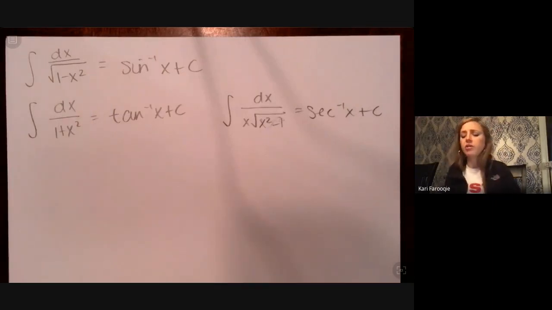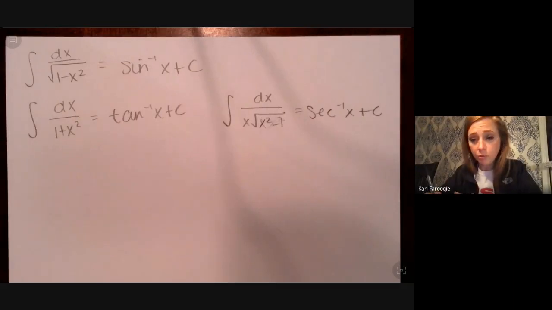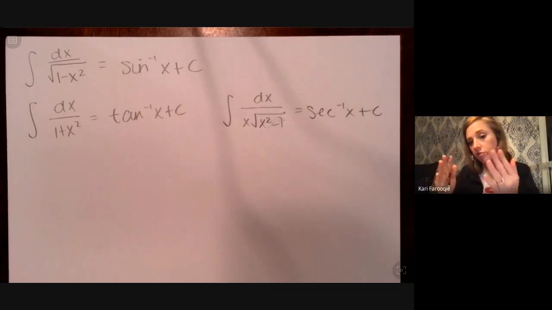And I want to talk a little bit more about recognizing the difference between the two on Monday, because I'm going to give you an example where we'll have 2 terms, and one will be an inverse trig function and the other will be a standard u substitution.